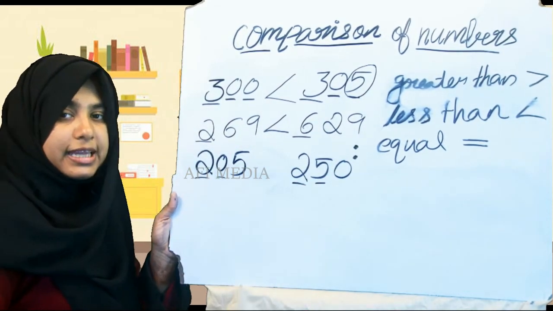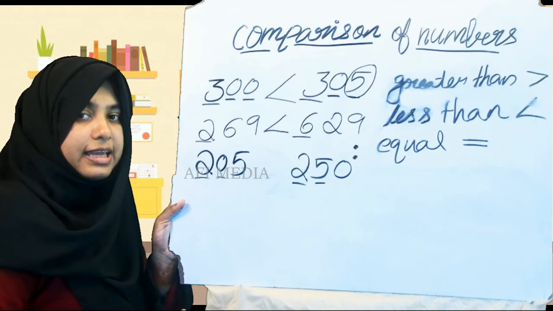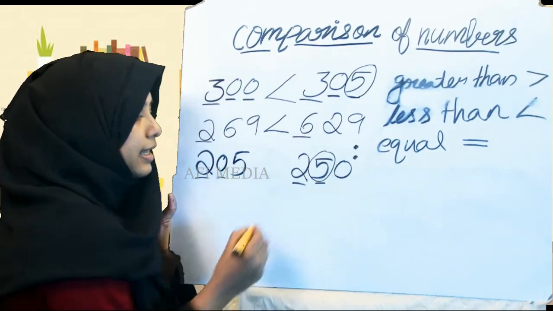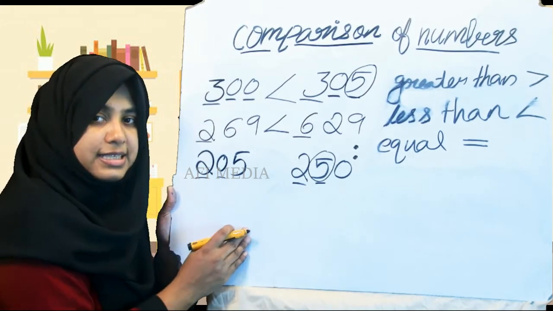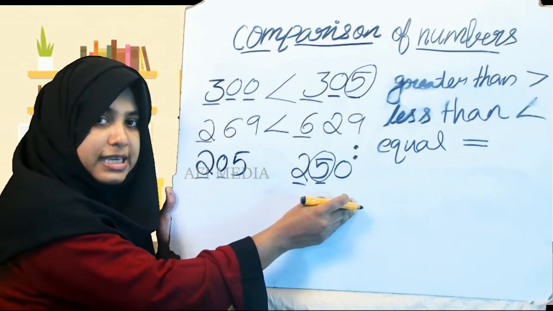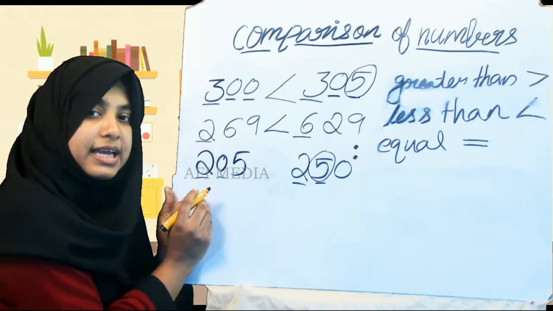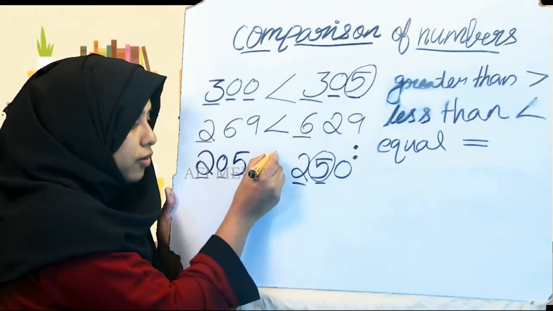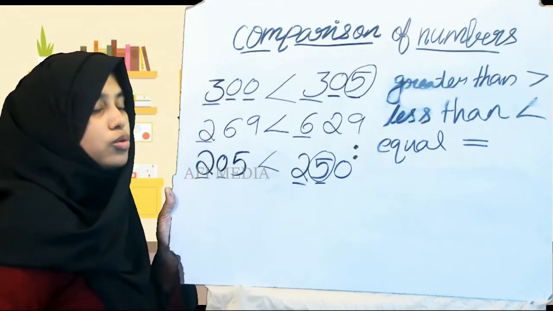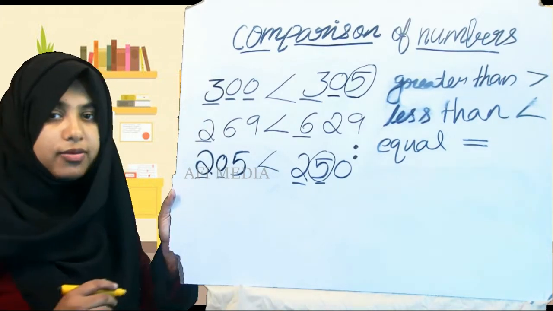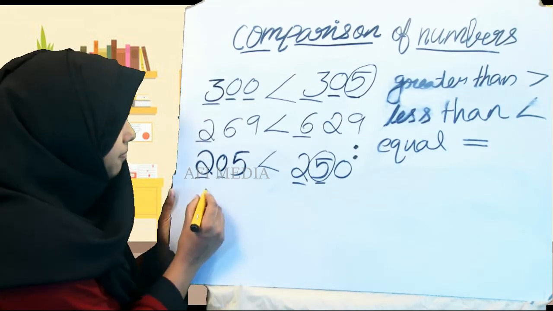Which is greater, 0 or 5? Yes, 5 is greater here. So we understand 250 is greater than 205, and we open the mouth toward 250.